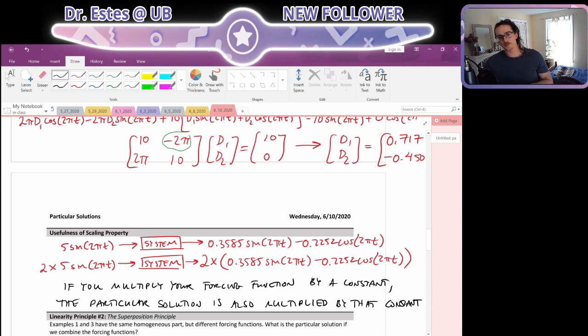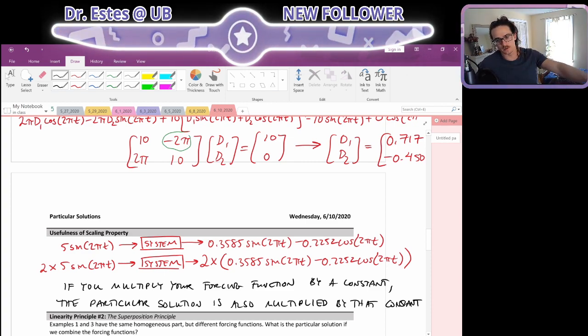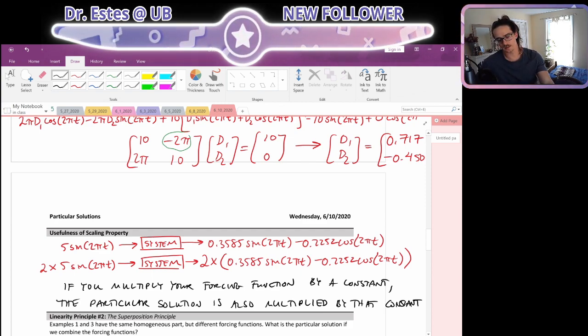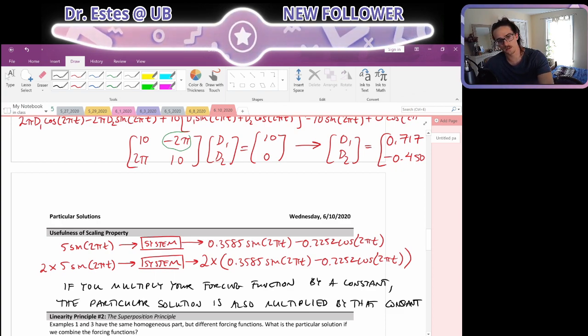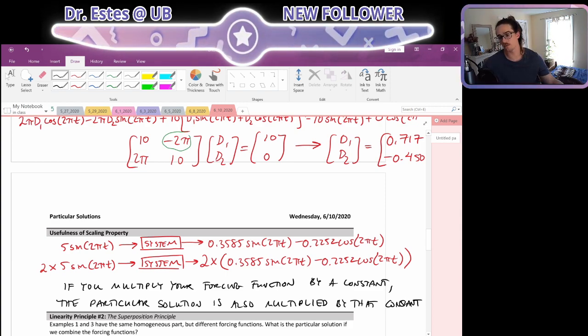So if you have the particular solution for some system and you want to give it a little more input or a little less input, you don't have to solve for the whole solution again. You can just scale it. And this has real-life implications as well. If you know you're working with a linear dynamic system and you want to increase your output by 2, you just have to increase your input by 2.